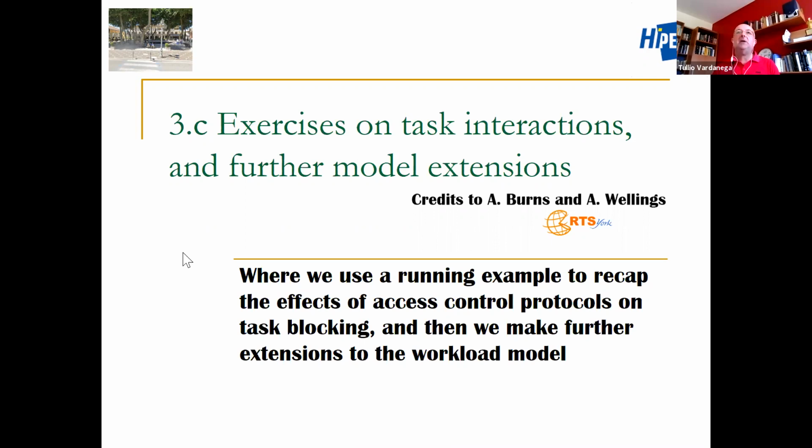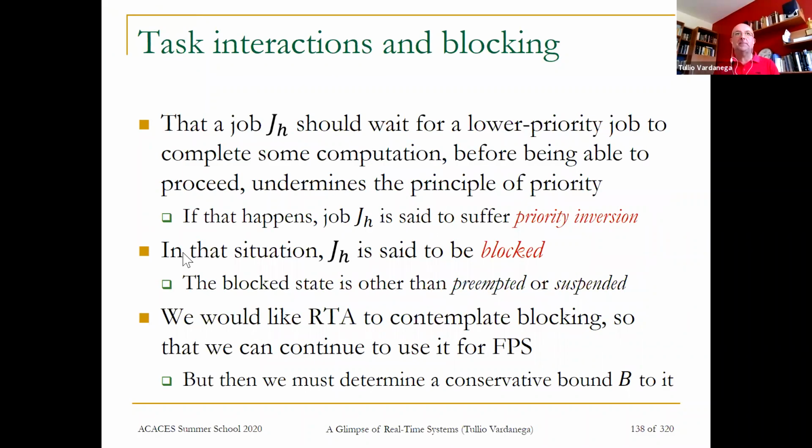But what we do now is we summarize what we know. And what we know is important. Now we have added the ability for tasks to share resources in a manner which is amenable to real-time reasoning. The cost of that is called blocking.